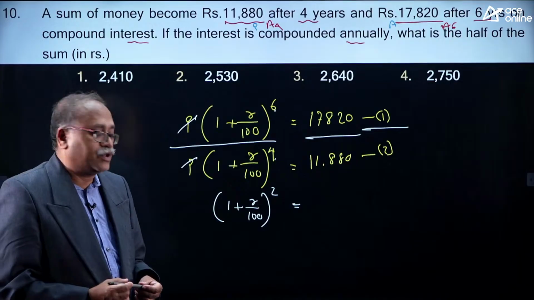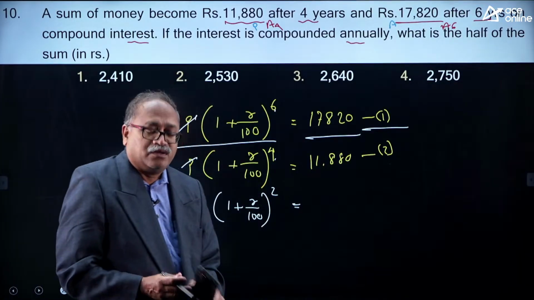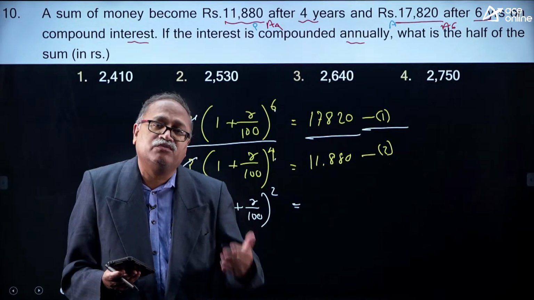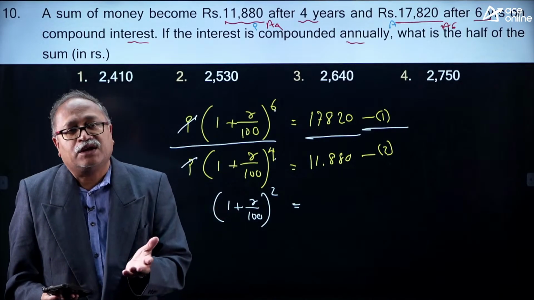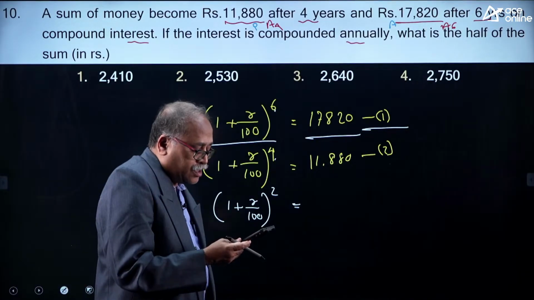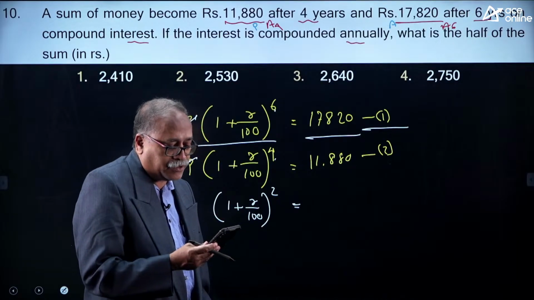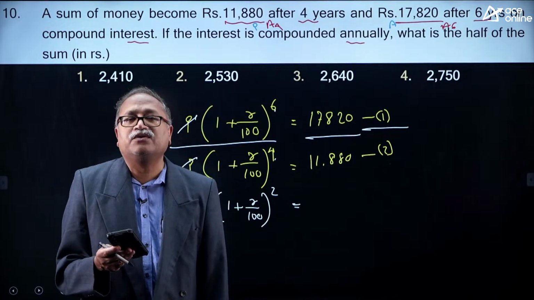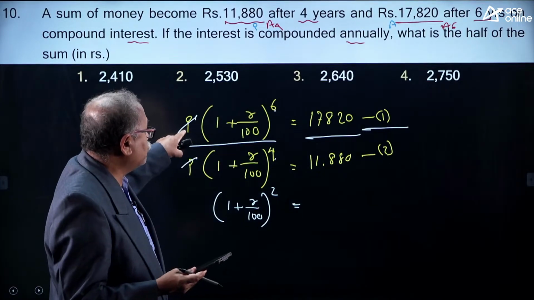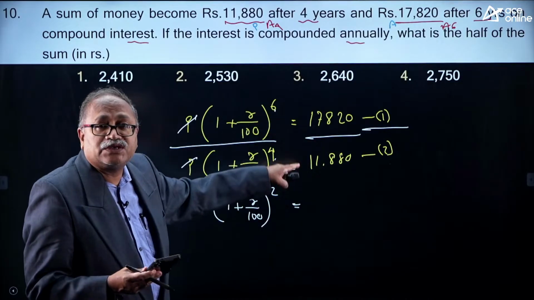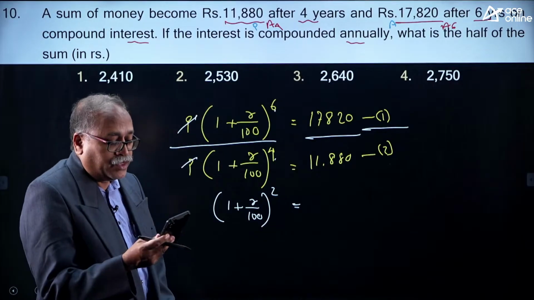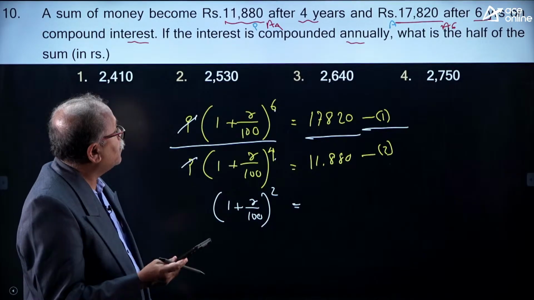I will leave this calculation for you, because if I write down the number, your speed will not increase. My purpose is that the more you calculate, the more your speed will increase. So 2640, option 3, Pandu has said option 3. Okay, you are very good in the calculation, my dear friend, and you understand that if I have to find out P, I have this approach. Now I am going to check the answer of Pandu, that is 2640, option 3.